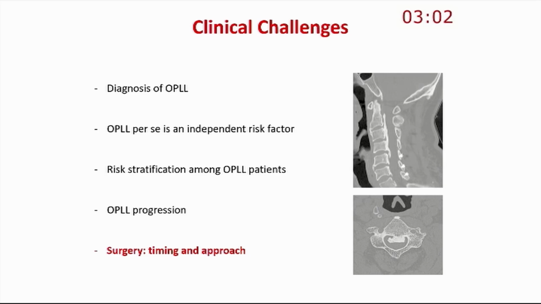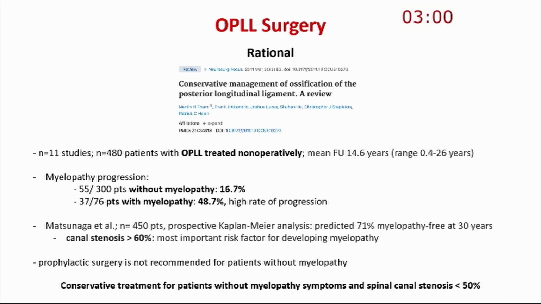Timing of surgery and approach. In this study, it's 11 studies, 480 patients with OPLL treated non-operatively with quite a large follow-up. Myelopathy progression occurred in patients with already myelopathy. Almost half of them progressed. If they don't have myelopathy, only 16.7%.